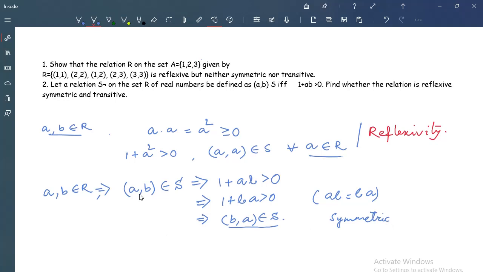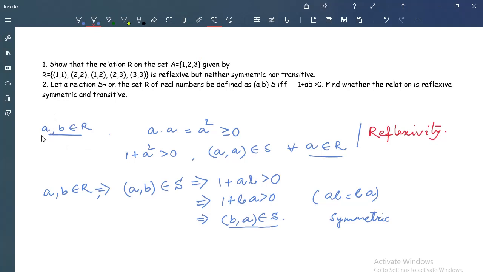Now for transitivity. What do you think? Is it transitive? No. And this is a special type: when the relation is not transitive, you have to find one counterexample. What is a counterexample? A counterexample is an example which does not satisfy the given definition.